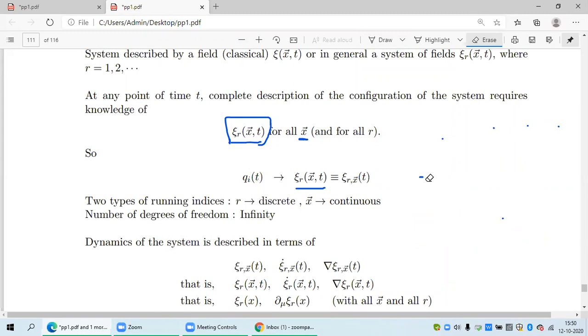Can we say that our system is like an ensemble with an infinite number of microstates? But then you have to define microstates.